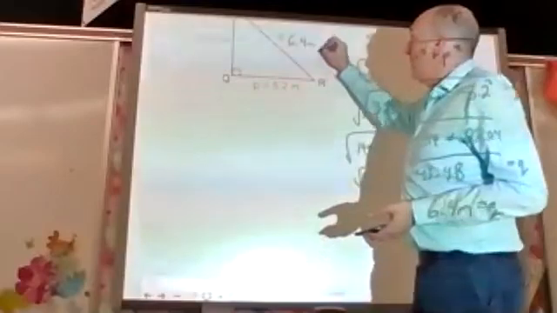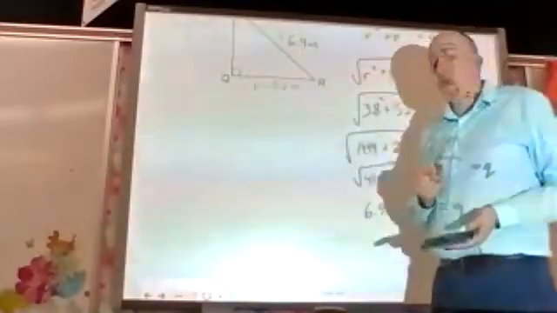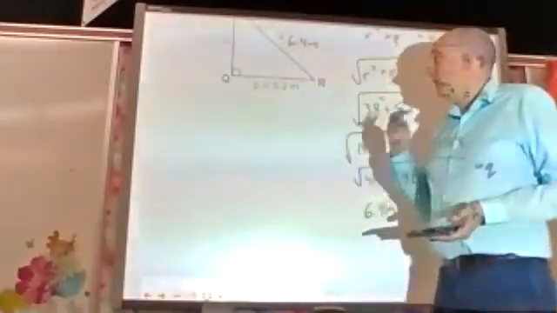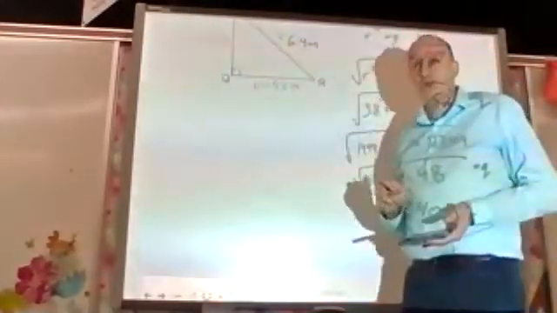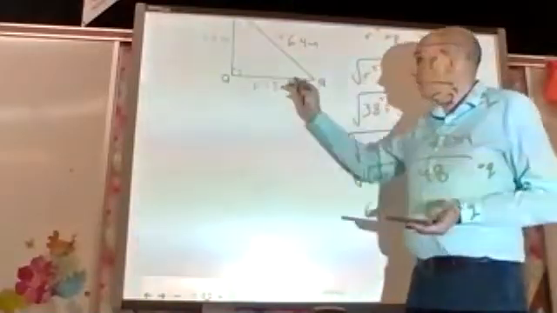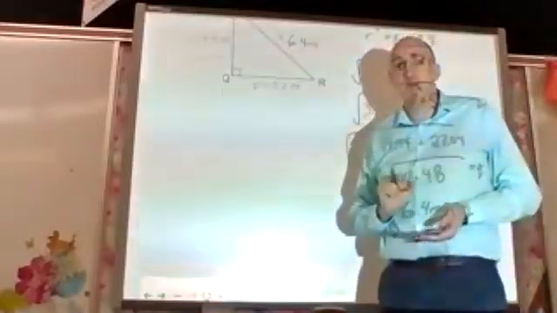And our final check, again, should always be, does this size of hypotenuse make sense? Your hypotenuse will always be the largest of your three side lengths. And it will always also be smaller than those two added together.